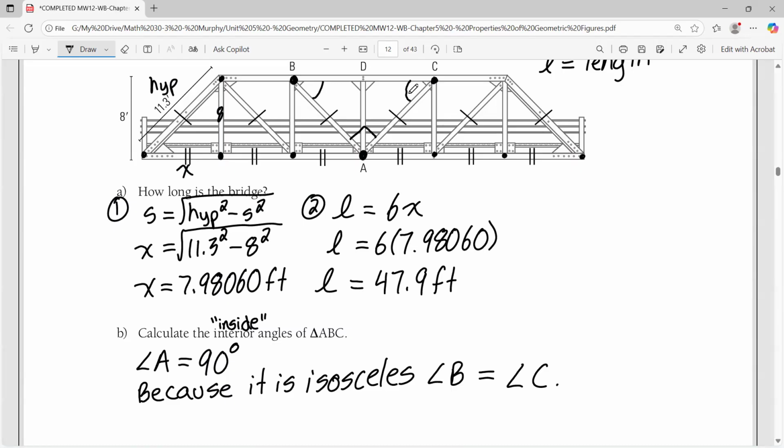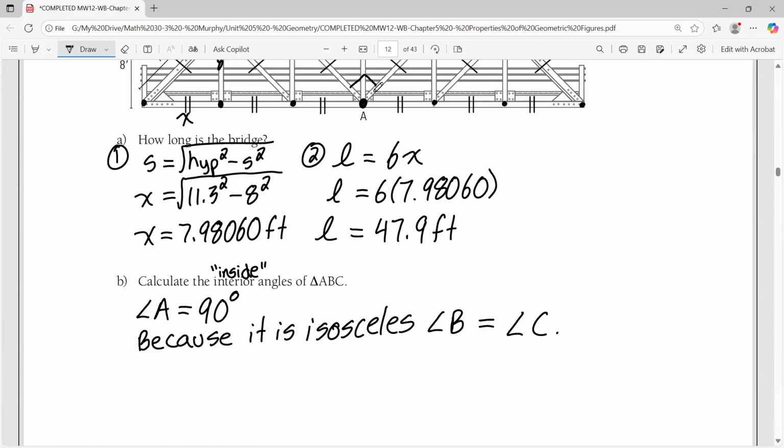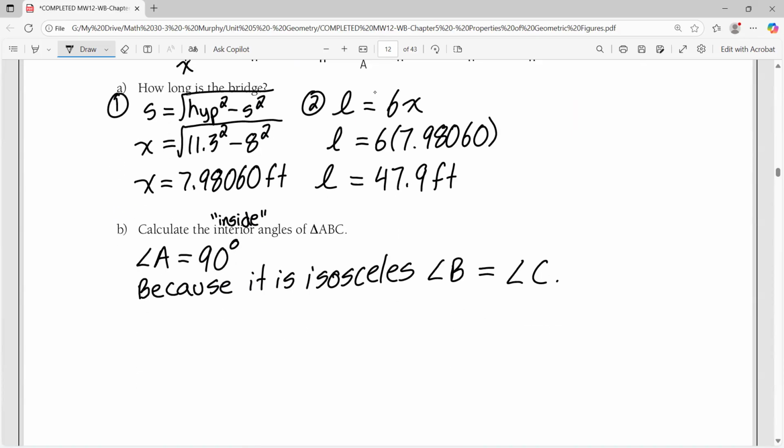So what that means is if all of these angles add up to 180, we should be able to subtract 90 from 180 and then split the remaining angle into two, and we should get angle B and C. So we'll go 180 minus 90 gets us 90 degrees.